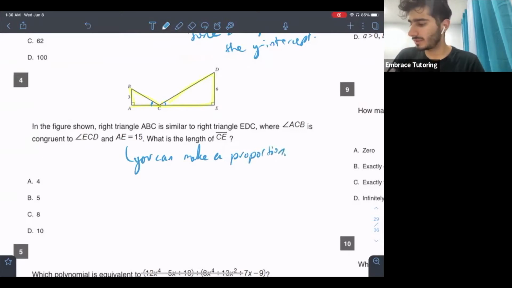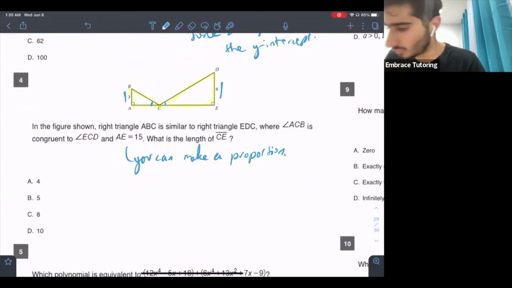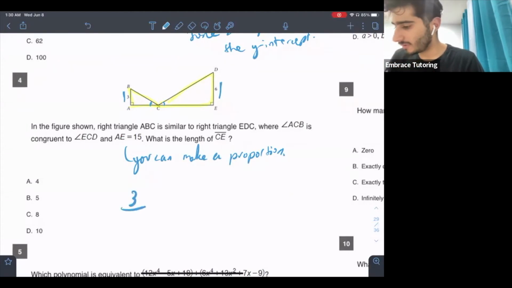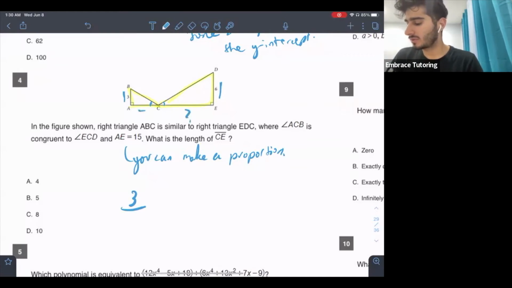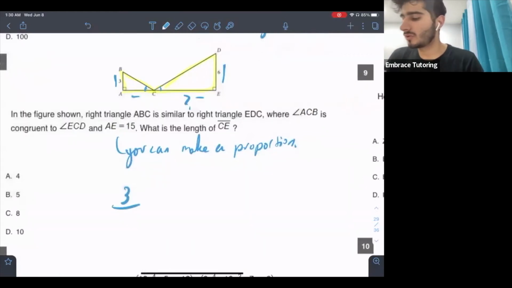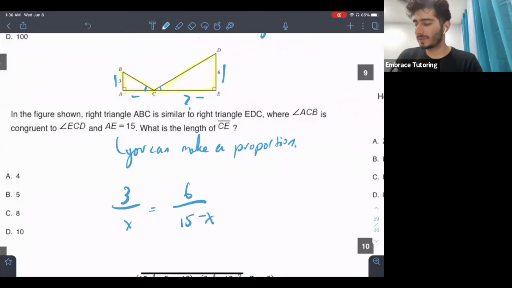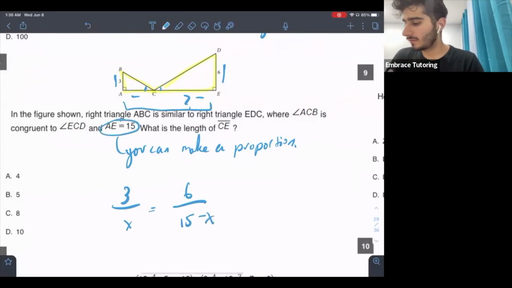So what you could do here is use the given angles and the given lengths and then make a proportion. So you could do 3 over, and they're asking for the length of CE. So we can relate it to this length and this length here too, or the entire length. So we could do 3 over x is equal to 6 over 15 minus x, because then the entire length is 15.